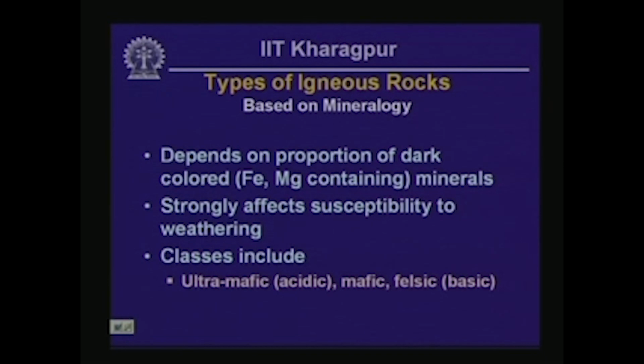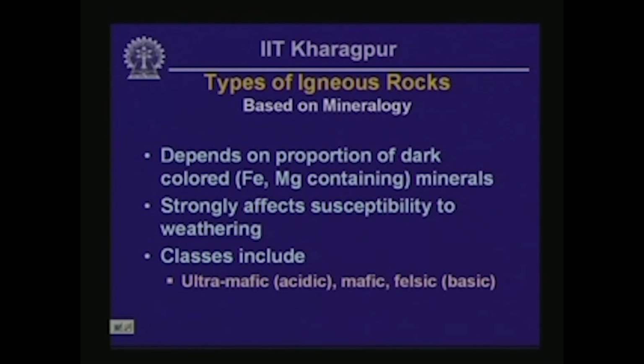Now, I indicated this earlier when I was presenting the different types of plutonic rocks, and there I indicated that the characteristics of a rock will vary over a very wide range depending on what proportion of it is composed of dark colored minerals, the minerals composed of iron and magnesium, as opposed to light colored minerals or felsic minerals composed mainly of silica and alumina.